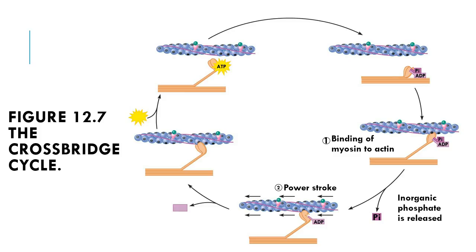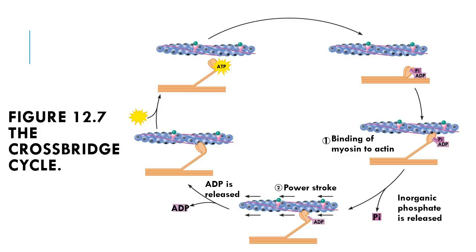Now what should we do, though? Got to get ready to release it, right? And so we first need to get rid of what? The ADP is going to be released. Notice that when ADP is released, the myosin cross-bridge is still bound. So ADP is off, the thin and thick filaments, correct?